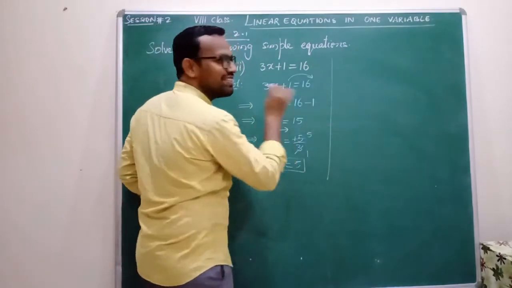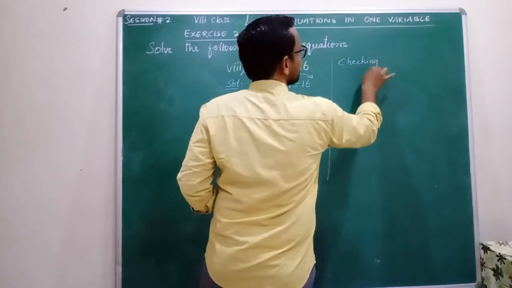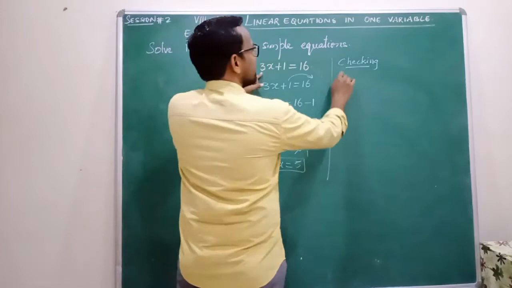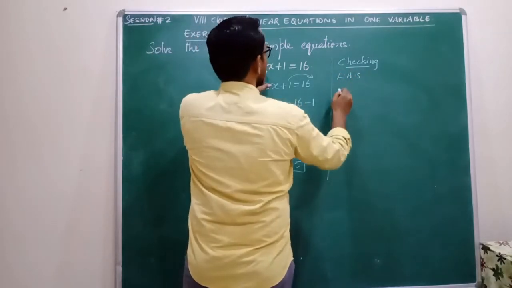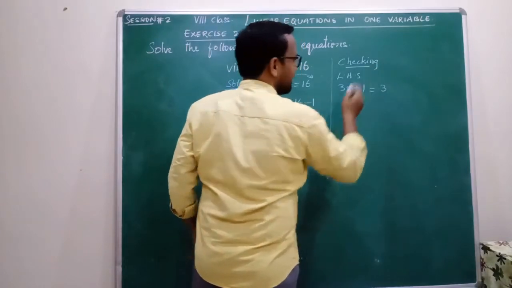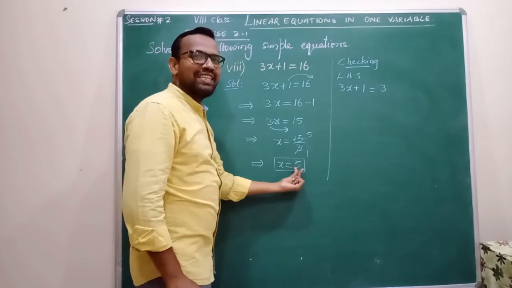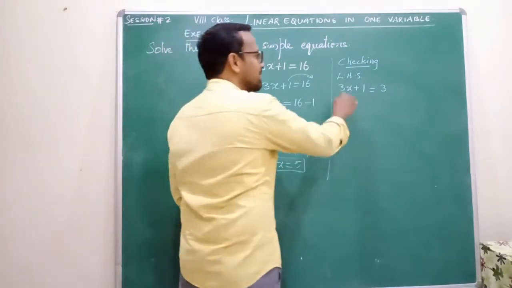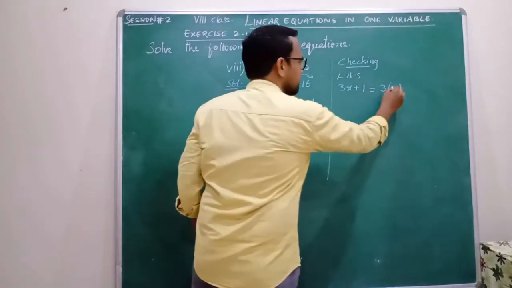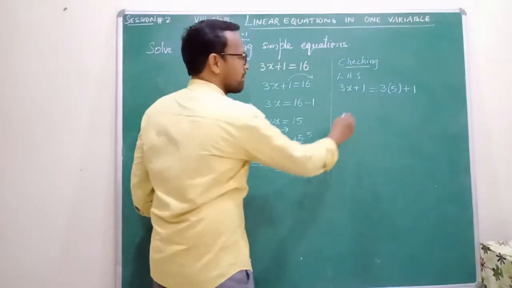Let us do the checking. We need to take the LHS. What is LHS? 3x plus 1, which is equal to 3. In place of x, let us substitute the value of x. What is that? 5. So in place of x we are writing 5, 3 into 5 plus 1, right?